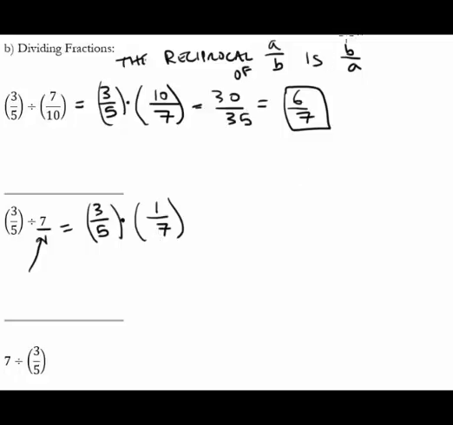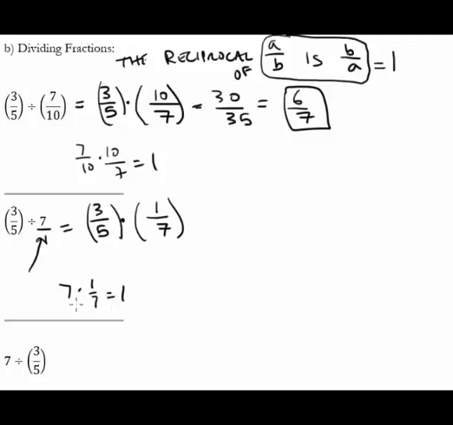Really, the idea of the reciprocal is it's the number that when you multiply these two things together, I'm always going to get 1, right? So in this case 7/10 times 10/7 is 1. In this case 7 times 1/7 is 1. When you multiply a number by its reciprocal, you always end up getting 1. That's like the definition of it.